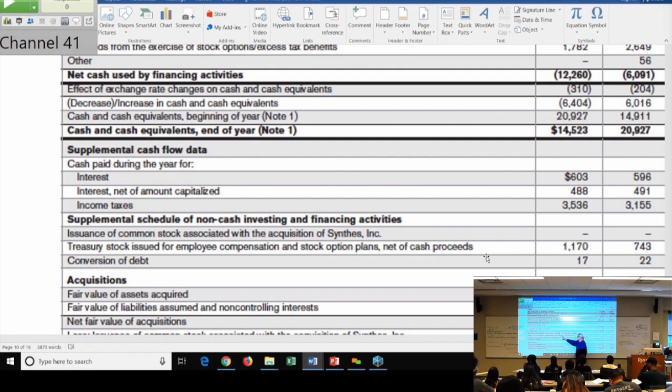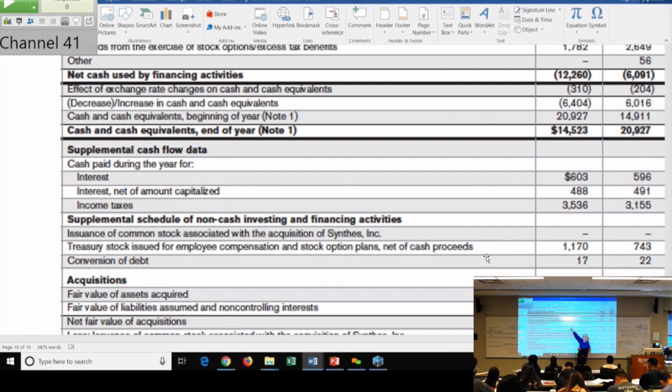Well, right here, they issued common stock to acquire another company. So they issued stock to buy another company. I give you shares of stock and you give me your business, essentially, your assets come over to my company. So this now becomes a non-cash transaction that has to be reported.